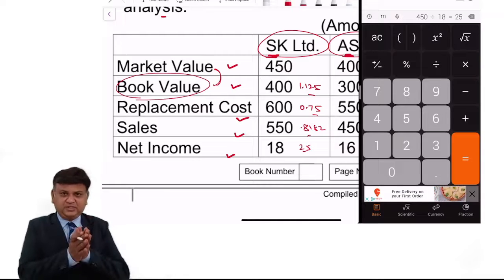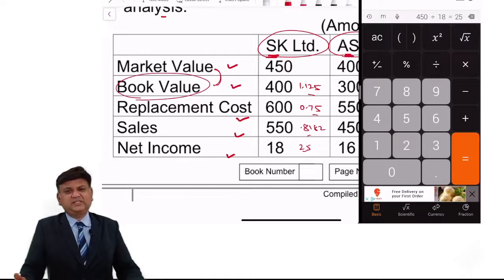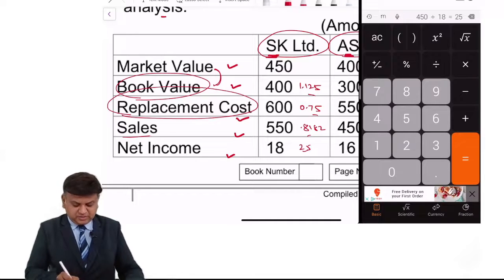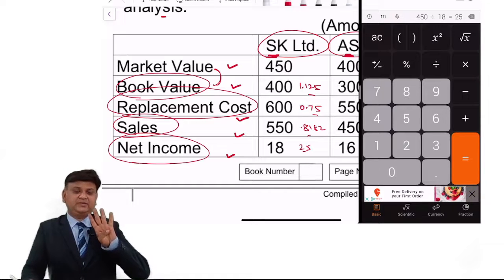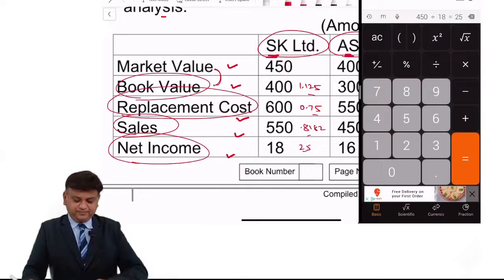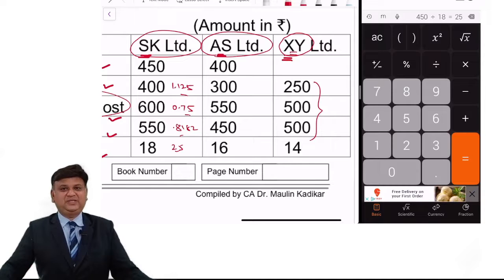We'll take the average, giving equal importance to both companies. Like that, four valuations are made and then we average all four of them. That is what we understand as the valuation of XY Limited.